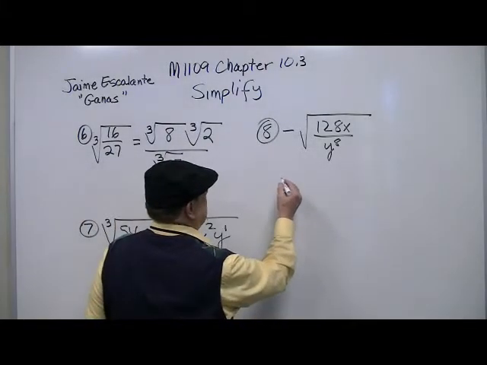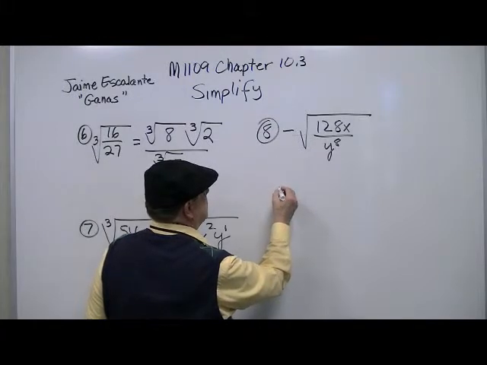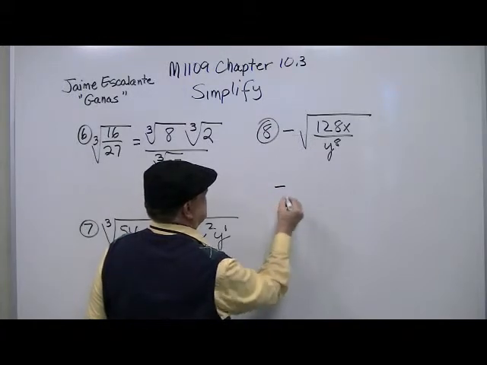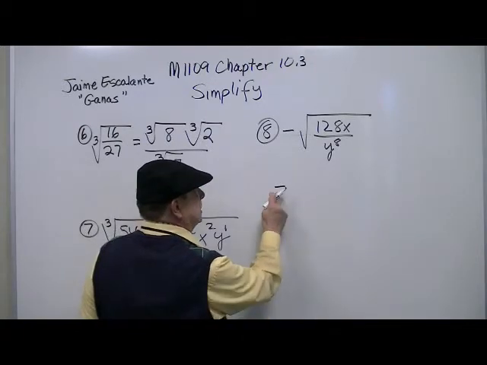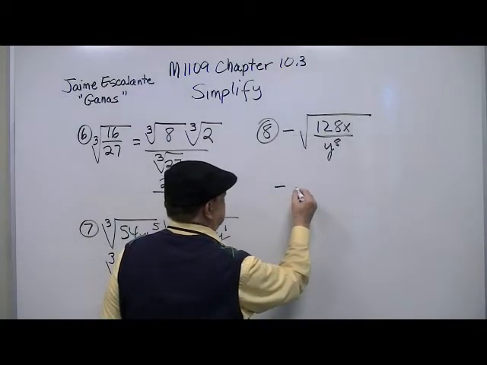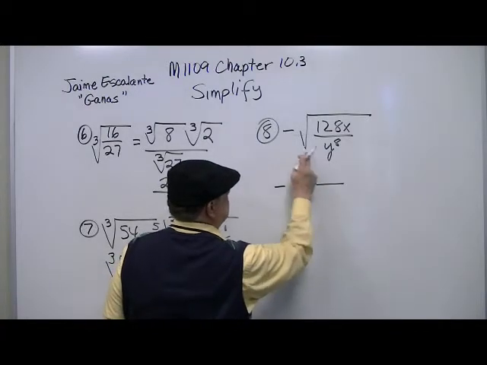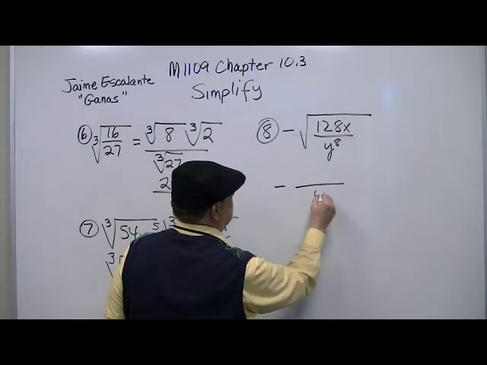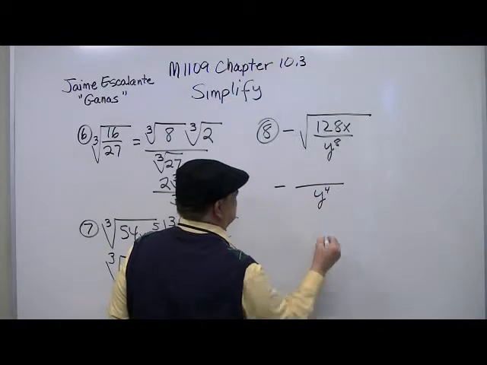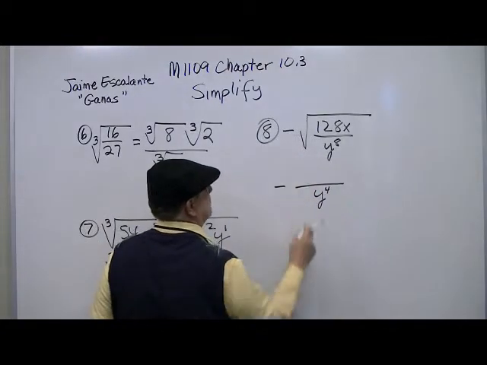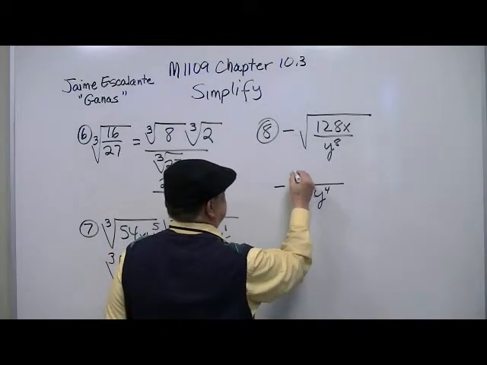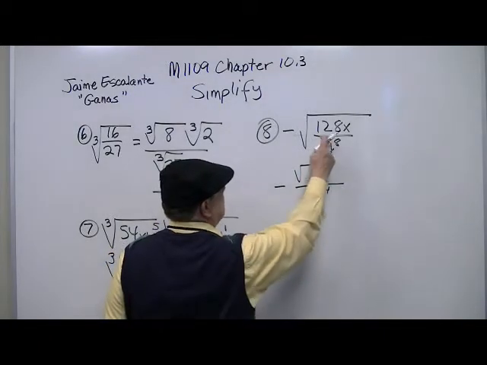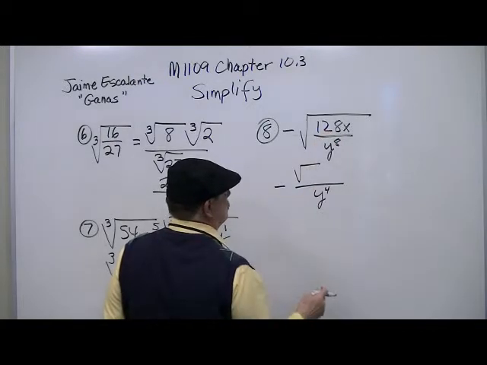Okay, now for number 8, remember the negative sign. And our denominator, we know the square root of this is going to be y to the fourth. So we could just do that. And this is going to be the square root of, divide that by 2.